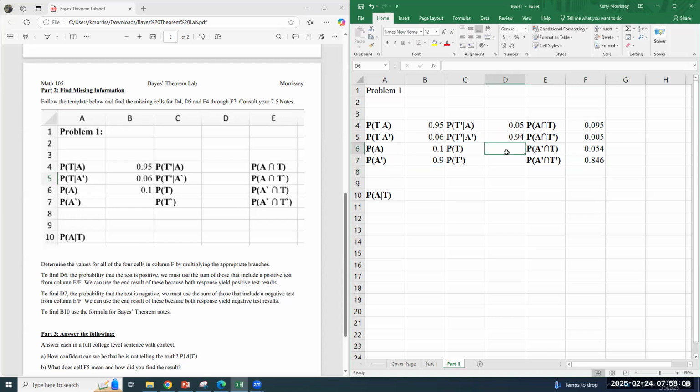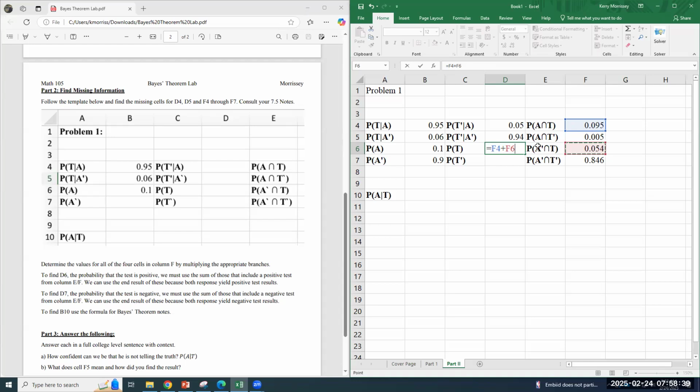Now, when we want to figure out the probability of T and not T, what we're going to be using are not any of these cells over here, but these cells right here from F. We want to figure out, okay, anytime you tested positive for this drug. So it's equal to F4, and then again, F4 plus, and then again, for if you did not take the drug.